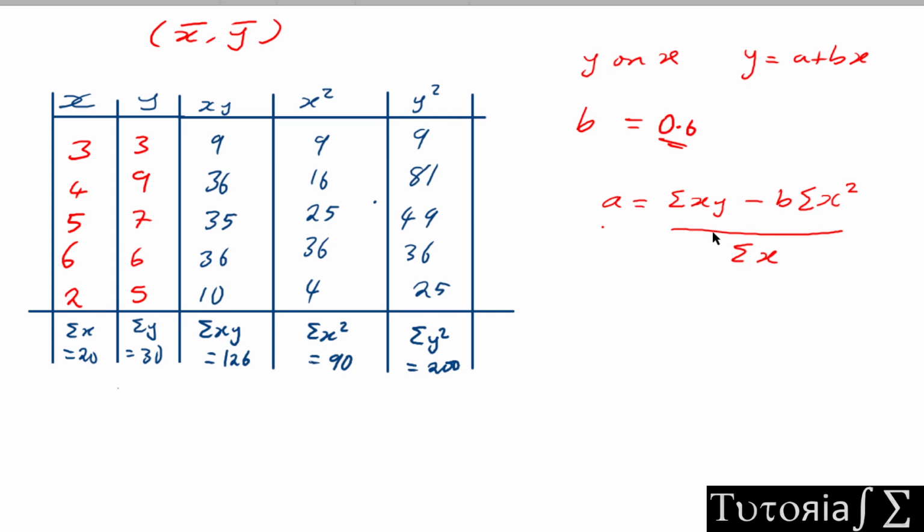Now on to finding a for y on x. So a for y on x is equal to summation of xy minus b summation of x squared over summation of x. So we just put in the values there again.